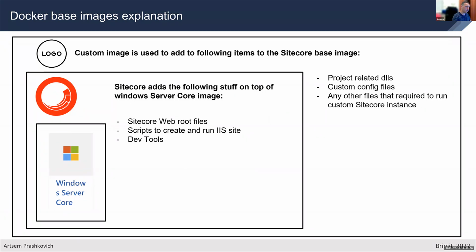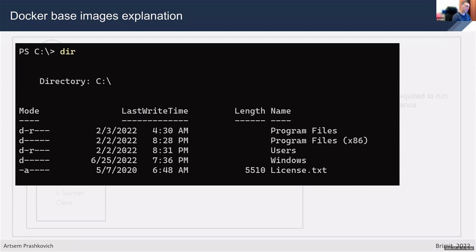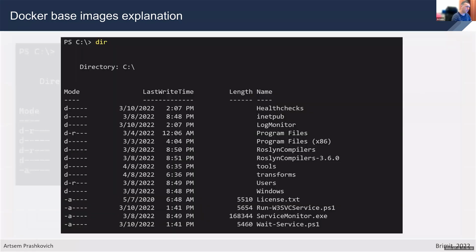So again, if we look at the empty Windows image, we will see just a few folders: program files, users, Windows, and license. So that's what we have originally. Then, if we look at our Sitecore image, we will see much more files here.